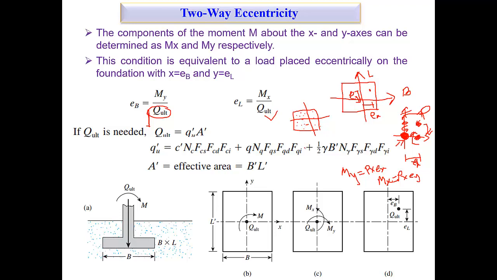So this is the major challenge, to find the effective area. The formula can be the same. By using the Meyerhof equations we can find the q ultimate, but we need to find the effective area, which is the major challenge here. Once we find the effective area, then we can find the load capacity, right? You know the q ultimate, but if you don't know the area, you cannot calculate how much load your footing can sustain.